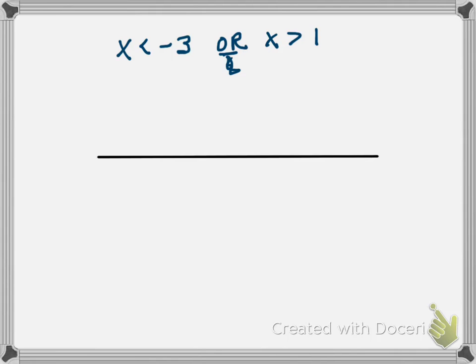Take a look at this one. x is less than negative 3, or x is greater than 1. This is also a compound inequality. Notice this time I used the word or. When we graph this, let's set this up first.